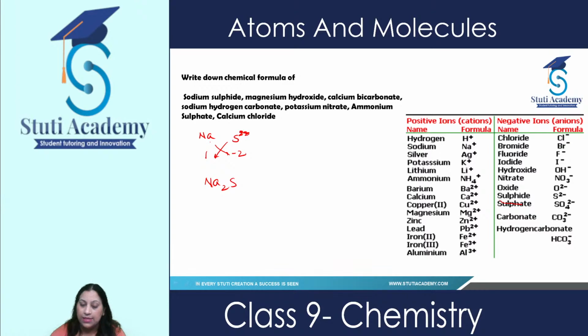Now next is magnesium hydroxide. Tell me which elements are involved in it. Magnesium and hydroxide. Again, hydroxide means it has hydrogen and oxygen. Hydro means hydrogen and oxide means oxygen. Again, it is a polyatomic, so I'll write OH here.